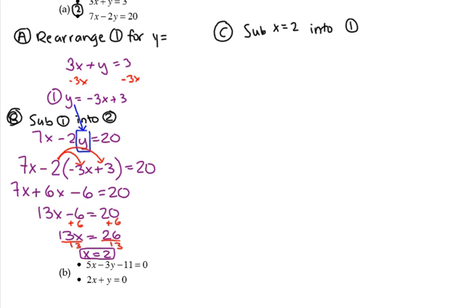Because then we just have equation 1 rearranged is y equals negative 3x plus 3. So this is going to be really easy when we replace our x. That's just to make your life easier. You don't have to. We could have subbed it into the originals, either one. But why not choose the easy route?